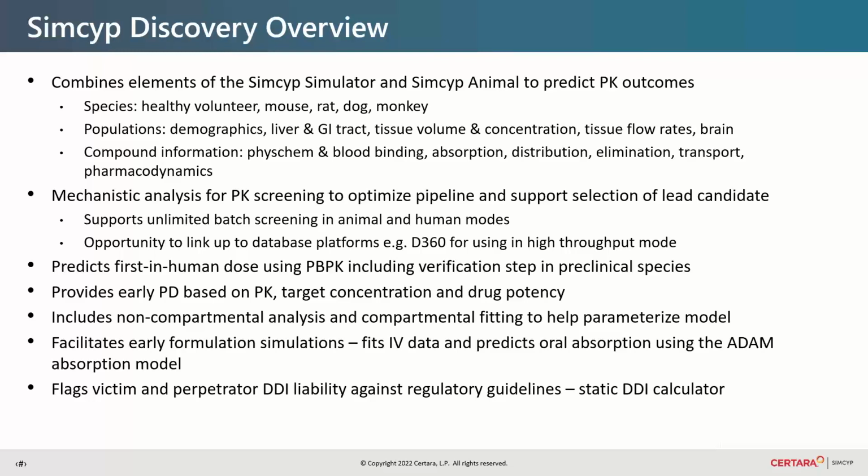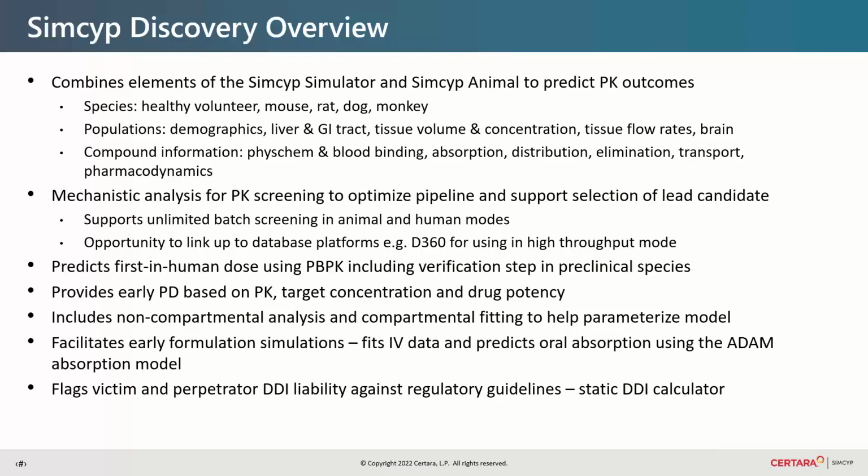So just a quick overview. Really what we've done then is to combine elements of the Simcyp simulator and Simcyp Animal into a new tool. So we still provide populations where we have demographic data, information about liver size and some of the liver parameters we need, tissue volume, flow rates, and also the brain.